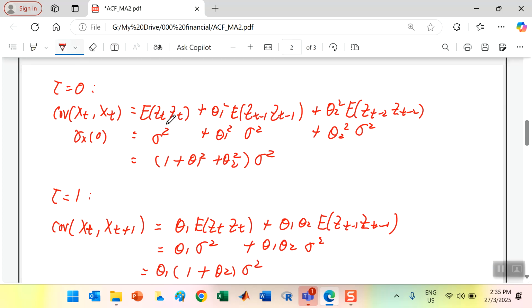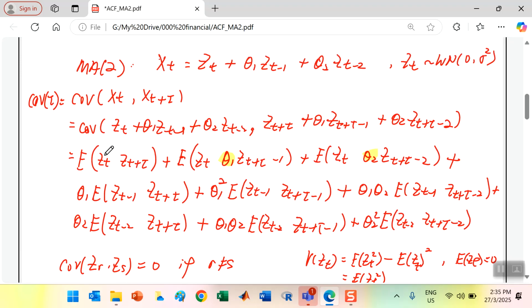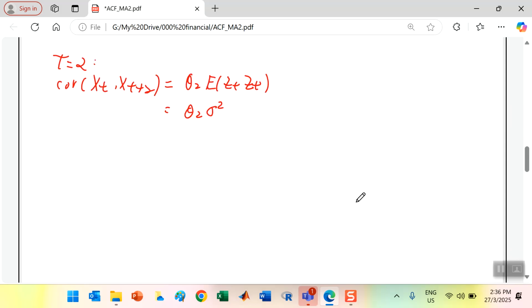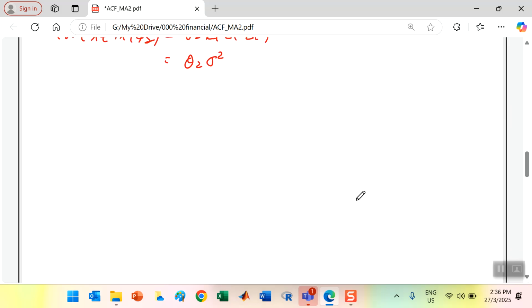Then you obtain this. So if we use tau equal to 3, obviously the expected value of all these will be 0, because there's no single Z_t with the same lags. So therefore all will be 0. So tau equal to 4, 5, 6, 7, 8, all will be 0, similar to MA1.